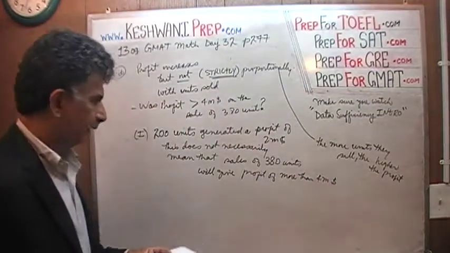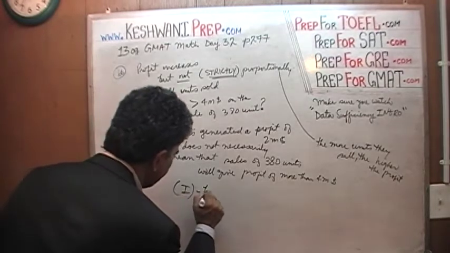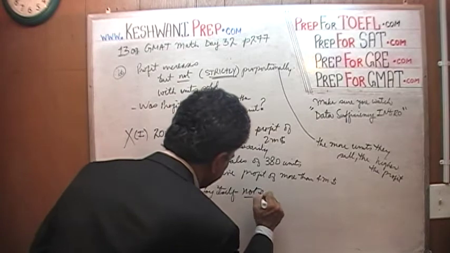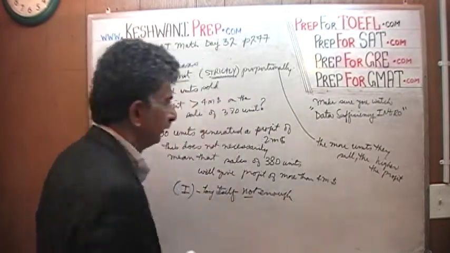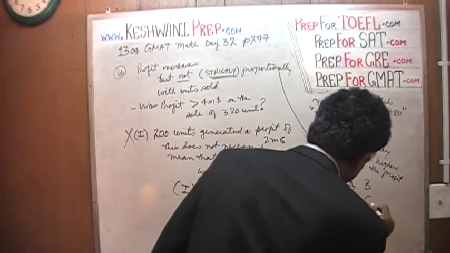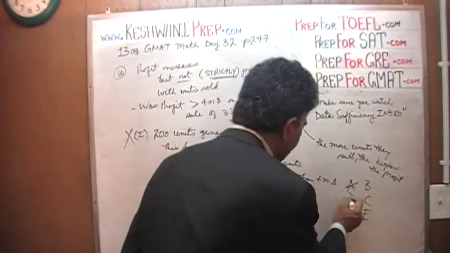That is not the case. The first statement by itself is not enough. One by itself is not enough. Therefore, A, D, B, C, E. Because the first statement by itself is not enough, we know the answer cannot be A or D.